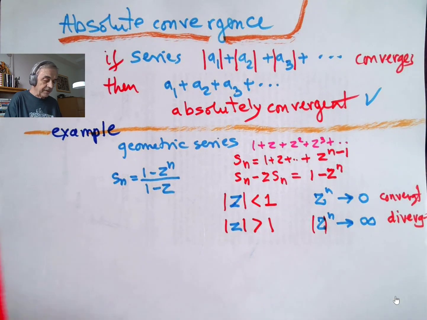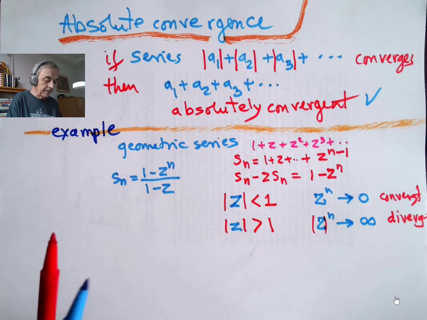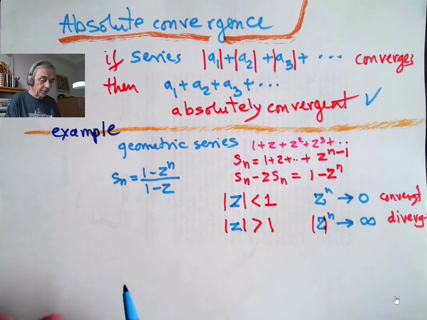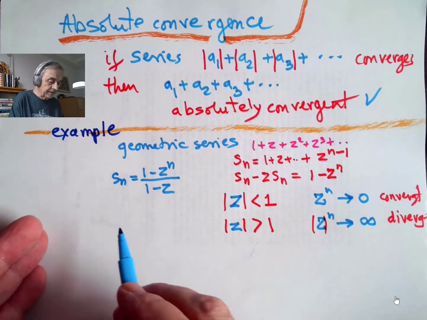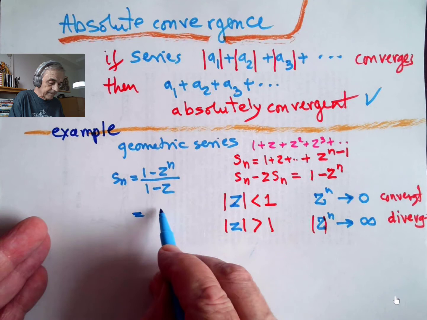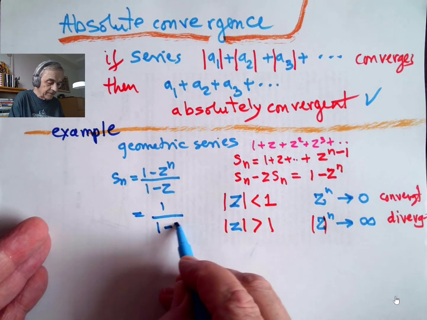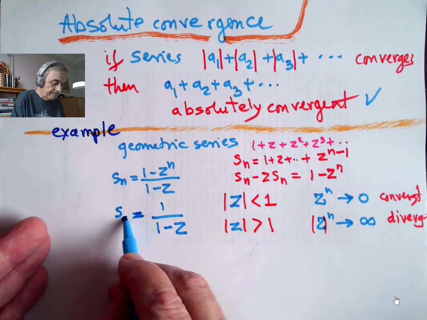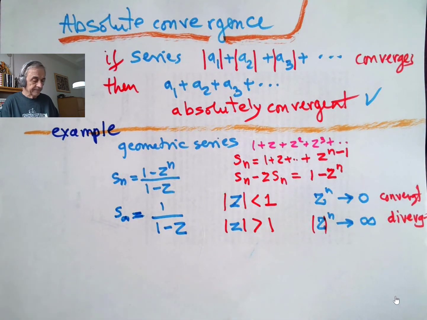But for z smaller than 1, we have now that the whole series, which is n to infinity, is 1 over 1 minus z, and that's our usual geometric series.